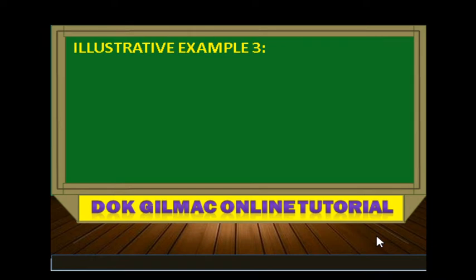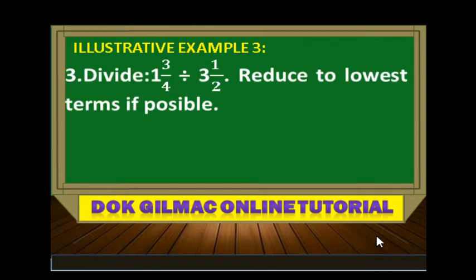Let's have illustrative example number 3. Divide 1 and 3/4 divided by 3 and 1/2. Reduce to lowest terms if possible. Change the given fractions into improper fractions. Take note, the given fractions are mixed fractions.